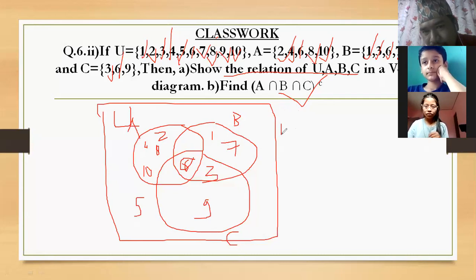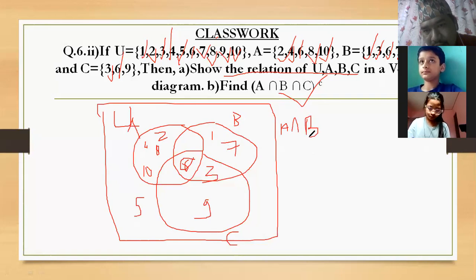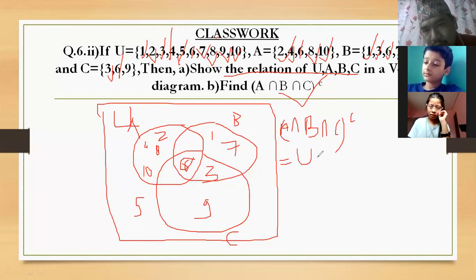When you find out A intersection B intersection C complement, right, this is C only. A intersection B intersection C complement means you have to write U minus A intersection B intersection C, right?